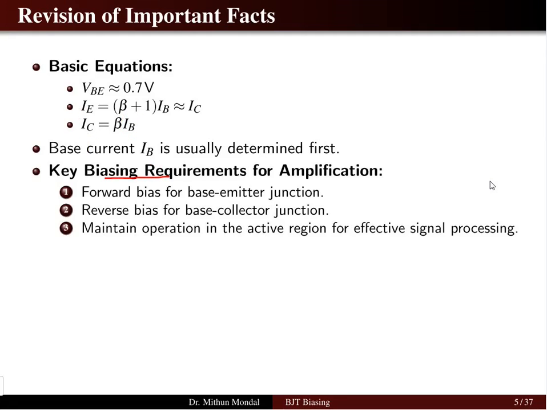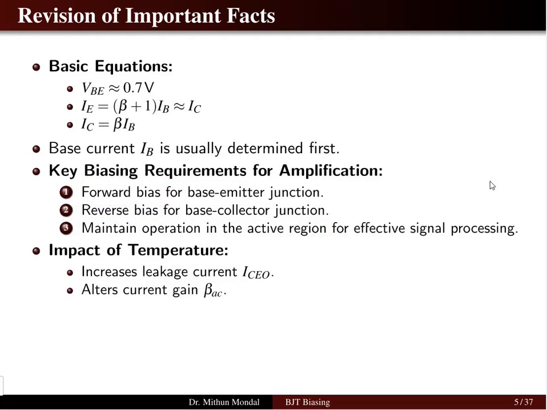The key biasing requirements for amplification are: you should have the base emitter junction forward biased, the base collector junction reverse biased, and we need to maintain the operation in the active region for effective signal processing. So we should know which junction is forward biased and which junction is reverse biased, and in which region of the characteristic we need to operate, that is the active region.